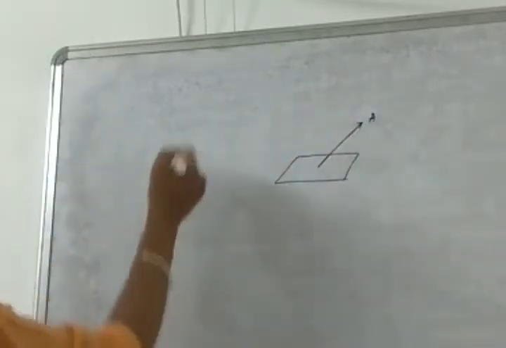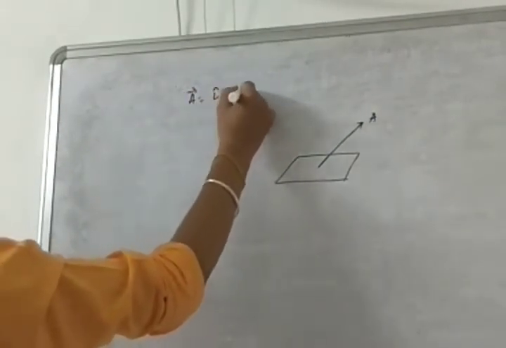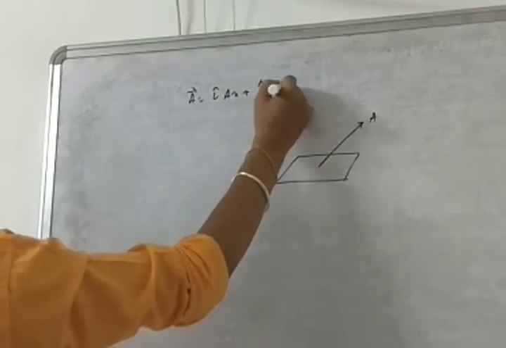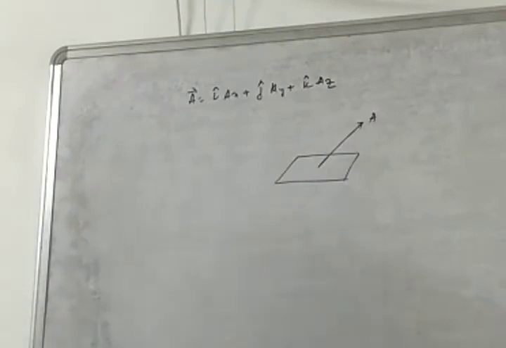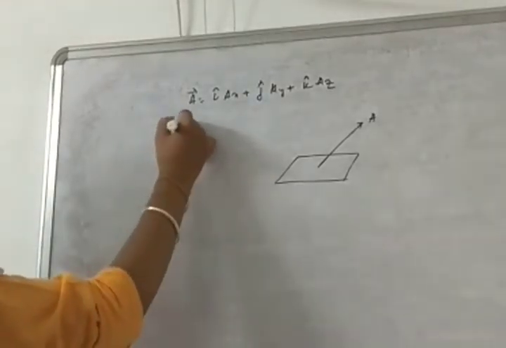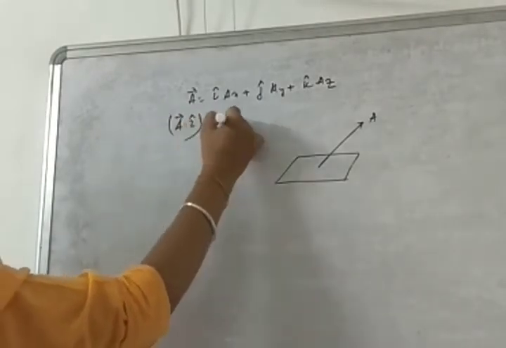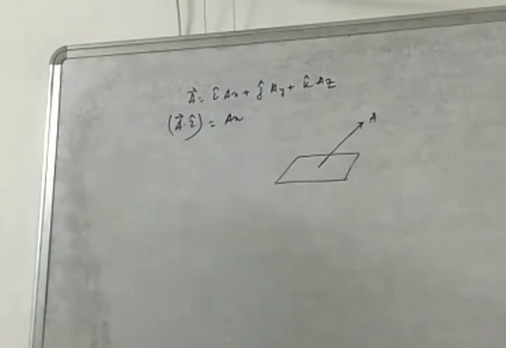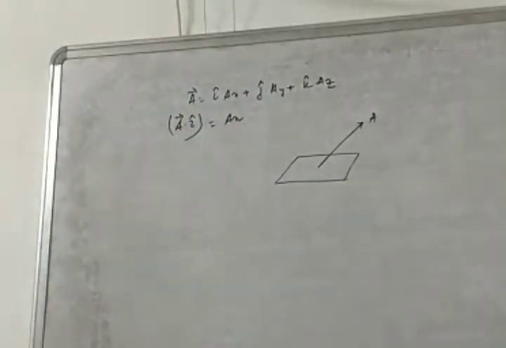Suppose vector A is equal to i Ax plus j Ay plus k Az. If I do a dot product of A with i hat, we get what? Ax, because only i dot i exists, and i dot j and i dot k are equal to 0. So A dot i is equal to Ax.